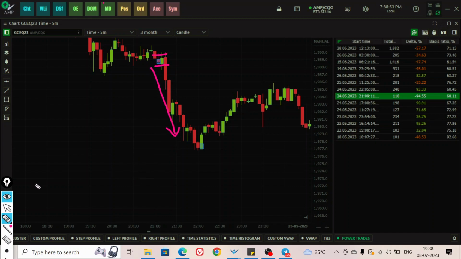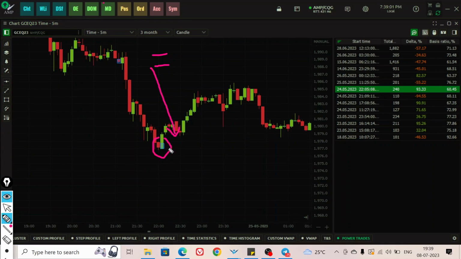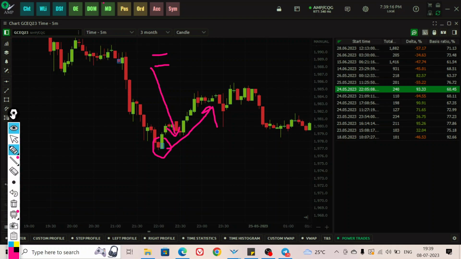And what if I select this one right over here, and tell you that after this price is going to go up? As you can see, there is other data that I can show you, but this is how this strategy is going to work.